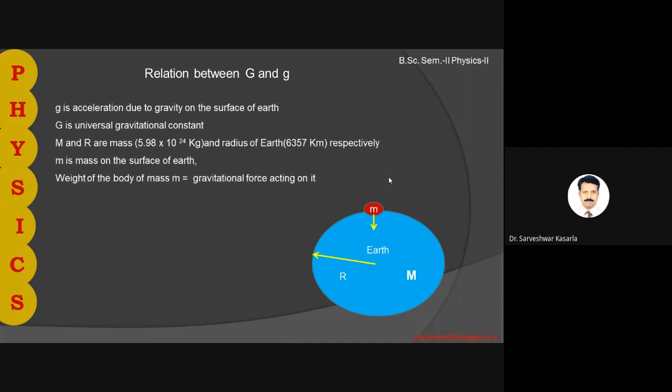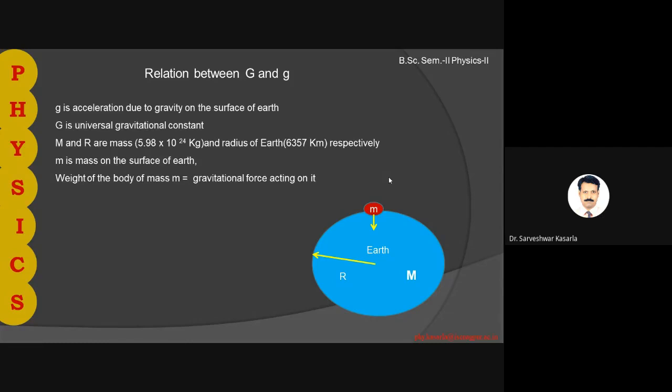Okay. So g is the acceleration due to gravity on the surface of Earth. Capital G is the universal gravitational constant. Capital M and capital R are the mass of Earth, which is 5.98 10 to the power 24 kg, and radius of Earth is 6357 kilometer respectively. Small m is the mass of any body on the surface of Earth.